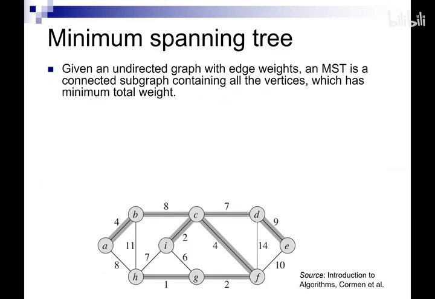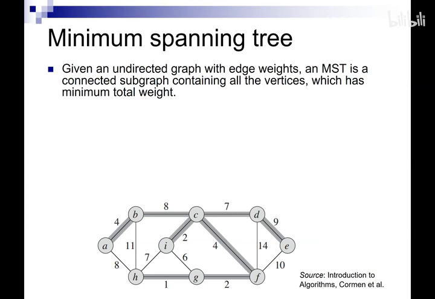So then the final algorithm we're going to look at is for minimum spanning tree. Remember that for a minimum spanning tree, we're given an undirected graph with edge weights, and we're trying to find a tree which goes through all of the nodes and which has the smallest total weight.